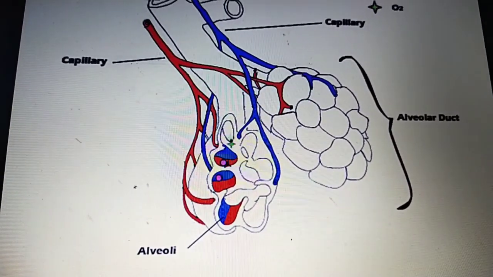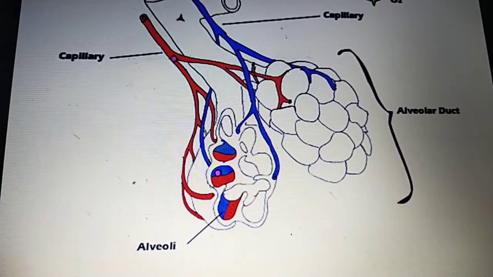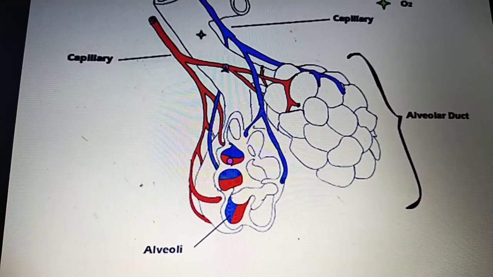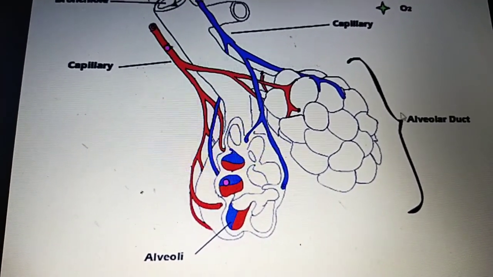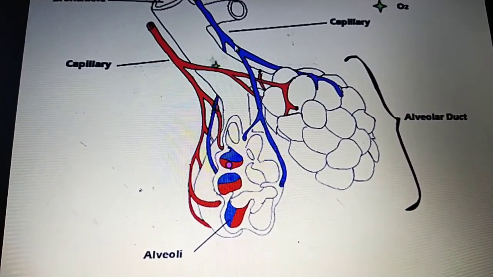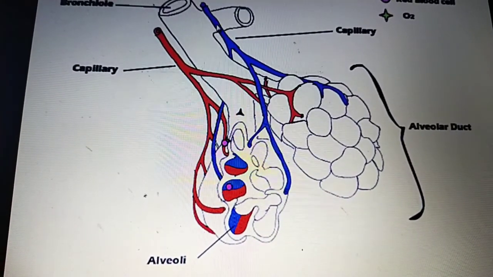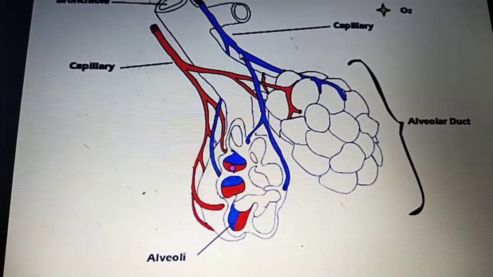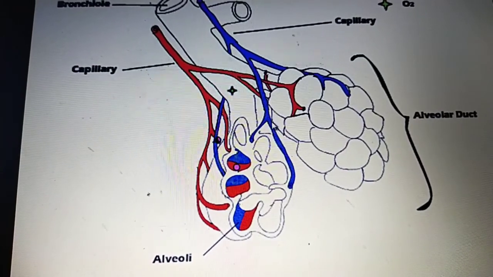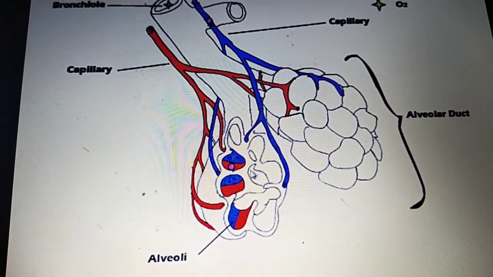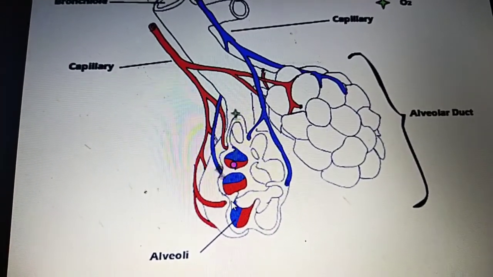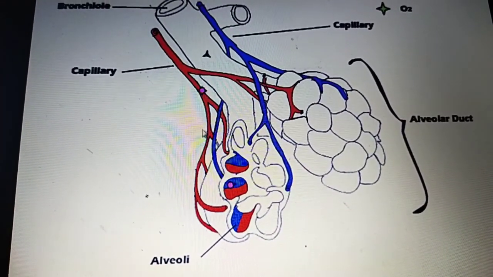These alveoli are completely covered by capillaries, mainly pulmonary capillaries, which may come from arteries and veins. Here, this is the artery which brings the deoxygenated blood to the alveoli from the heart, and this is a pulmonary vein.